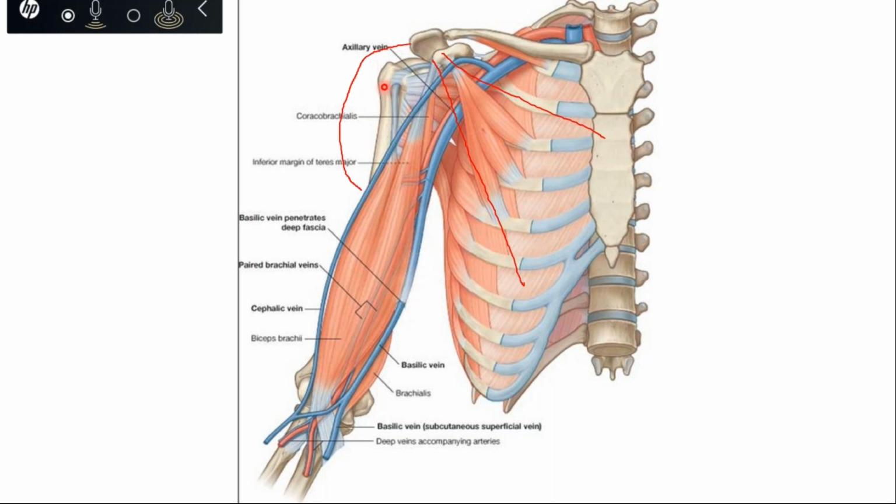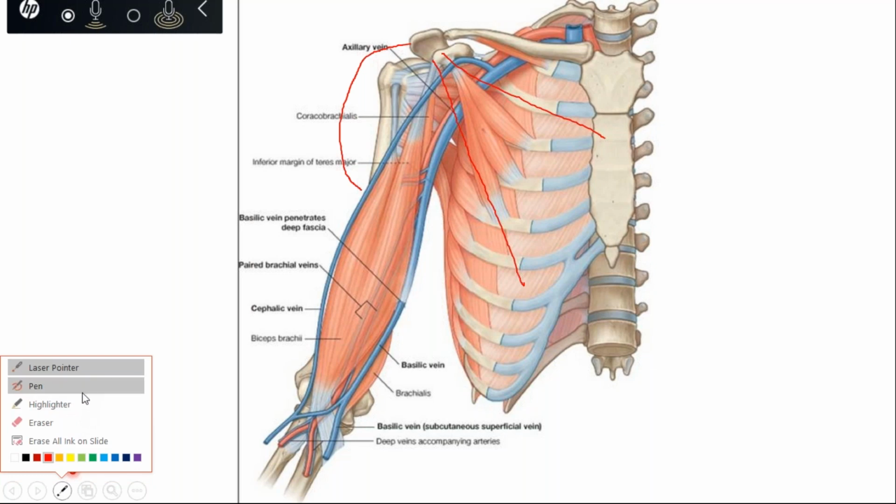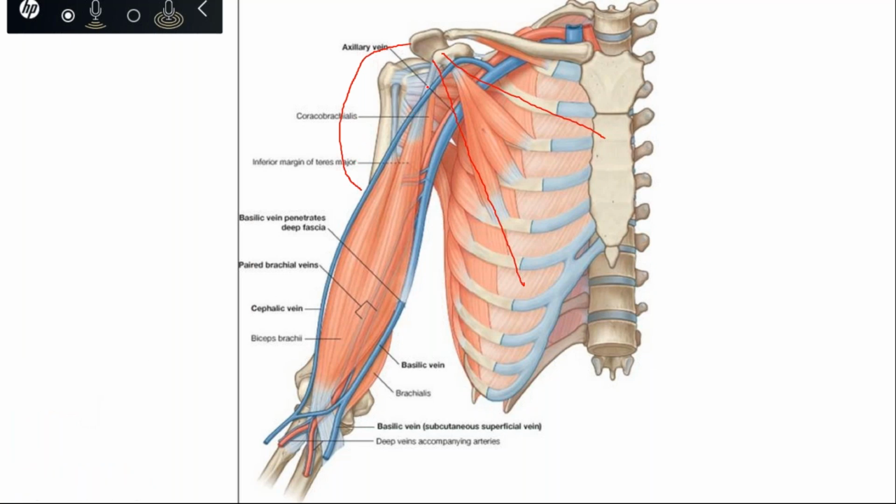Teres major is a muscle. Beyond this muscle, it is called the axillary vein.